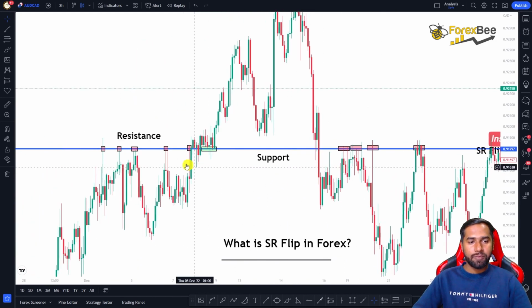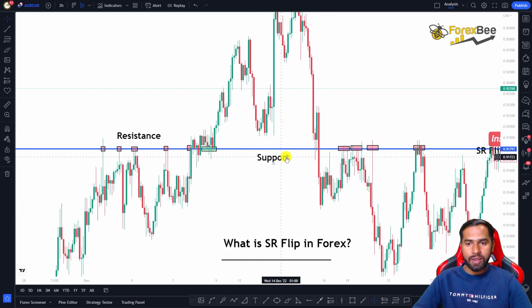Because of the formation of these rejections and big shadows, we understand that there is a lot of price action going on at this level. So this level will be a key level, and this level will be called an SR flip level.